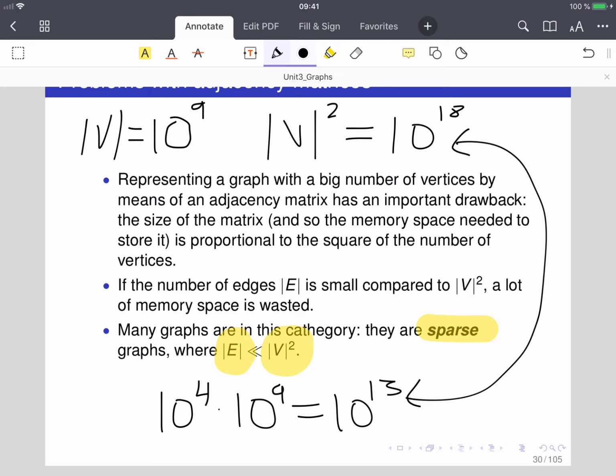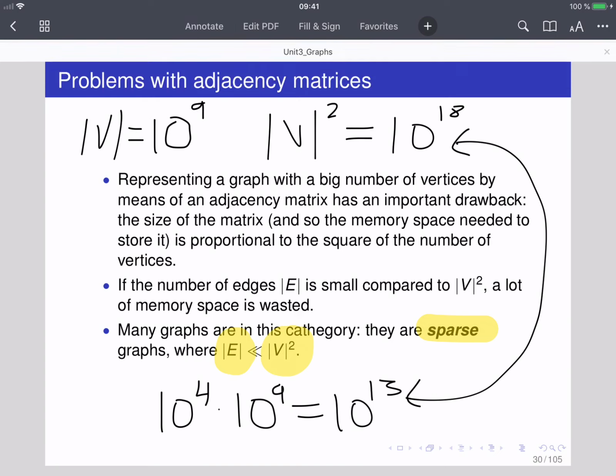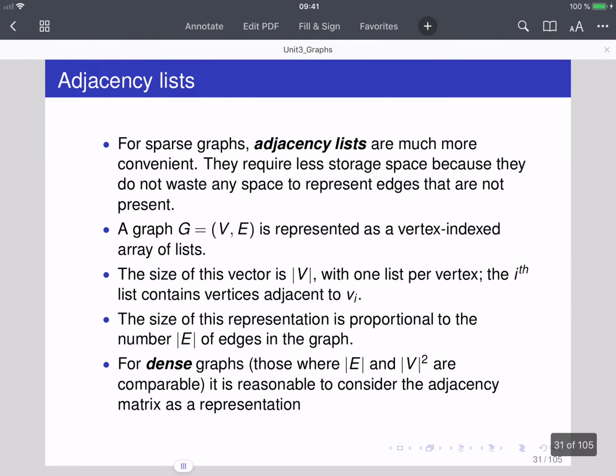Okay, and then we need to look for a different way of representing this information. Okay, because it's not practical to use this in a computer, to represent matrices of this size, to have them mostly empty. Okay, so what we are going to do then is to use a different representation, what we call adjacency lists.